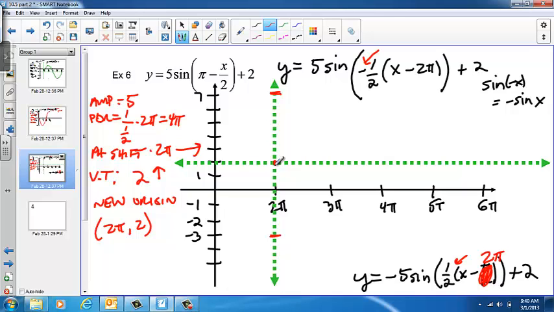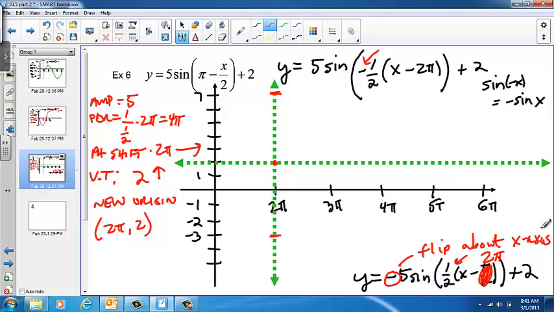Here's what the graph is going to look like. Okay? So one full cycle. The amplitude is 5. It's the sine curve. It's going to look like this. Oh, and I'm sorry, forgot about the flip. So remember what that does is that flips about the x-axis.